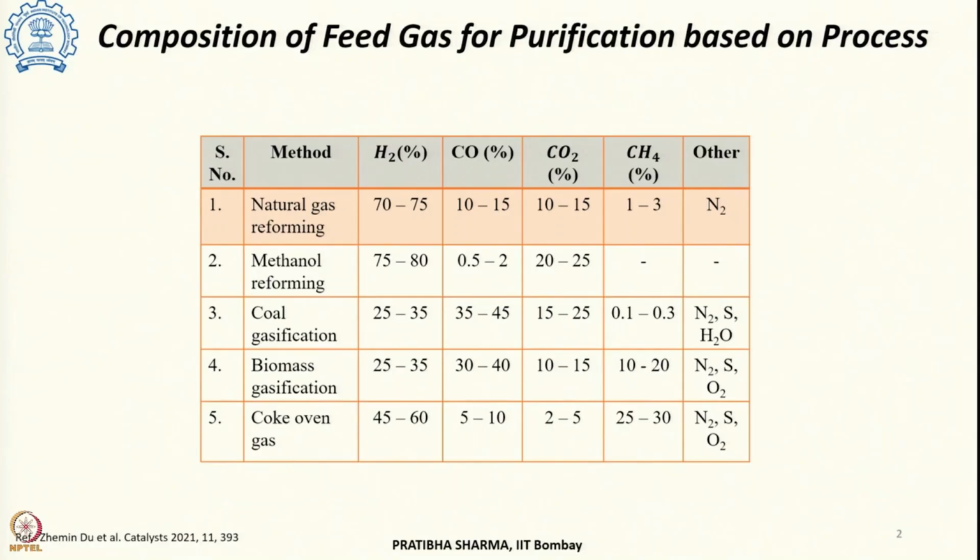Next we will see the other different processes that can produce hydrogen, just like the water splitting process. The water splitting process is also divided into two categories: the thermo-neutral chemical process, and the electrolysis process.